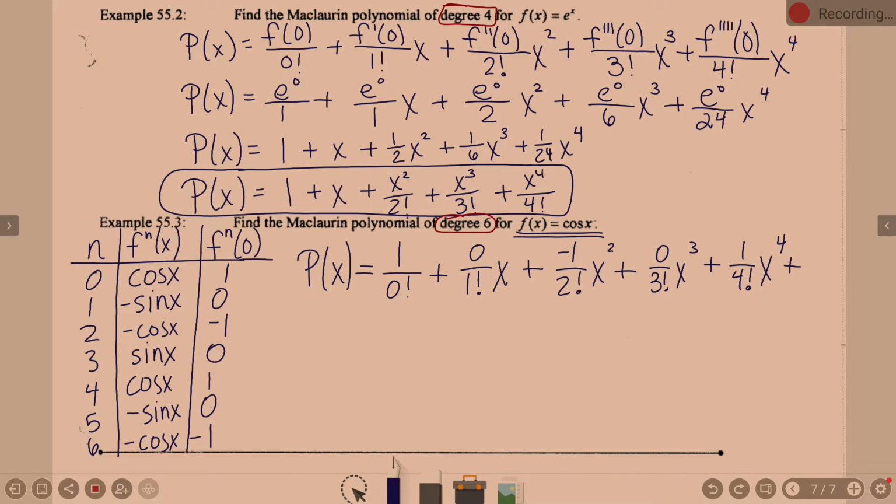Fifth derivative, 0 over 5 factorial x to the fifth. I did not space mine very well. And sixth derivative, negative 1 over 6 factorial x to the sixth.